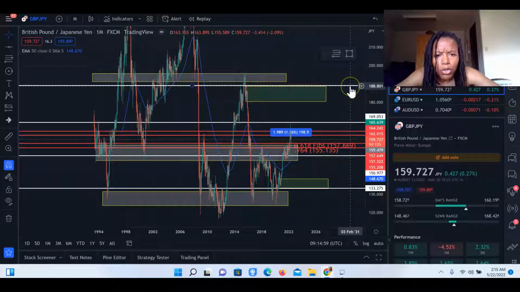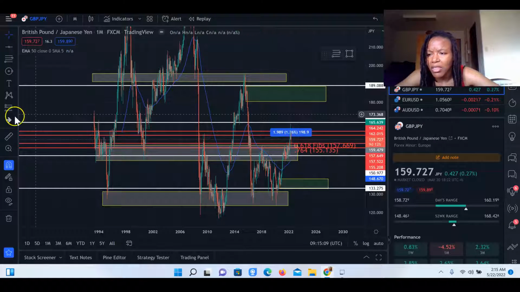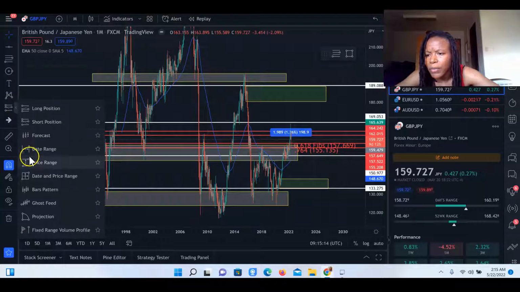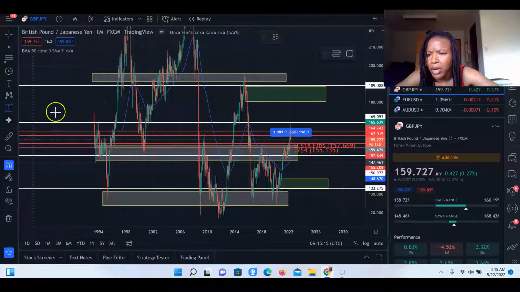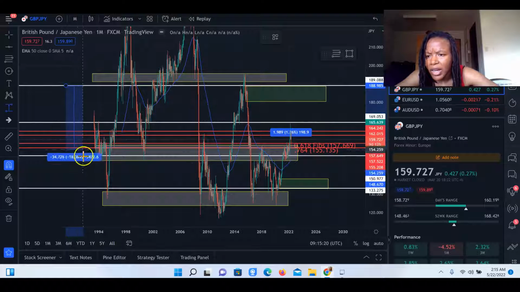If you look at the white lines, I have 1 white line, 2 white lines, 3, 4 white lines. So where did I get those white lines? All I do is come over here to the corner, take the price range, put it right here, and drag it all the way down.